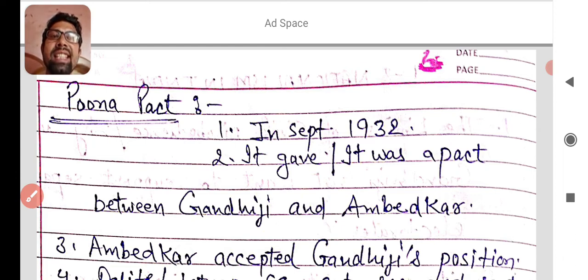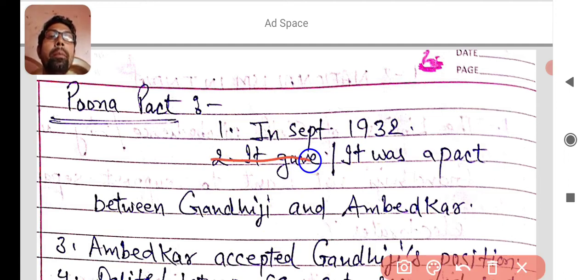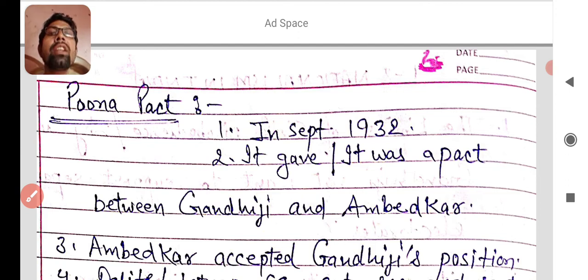It was held in September 1932. It was a pact between Gandhiji and Ambedkar. Here you can write, it was a pact between Gandhiji and Ambedkar. So I wrote, it gave separate electorates to Dalits.